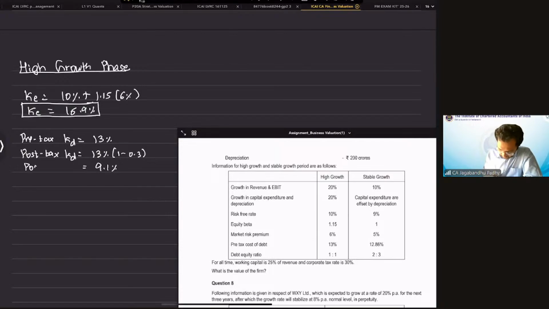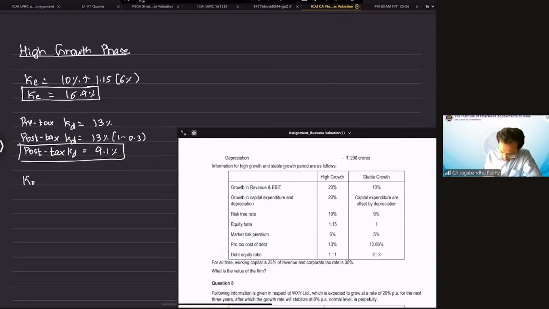So the post-tax cost of debt is 9.1%. Then what will be the overall cost of capital, KO? For that we have weight of equity into KE plus weight of debt into KD. What is the weight of debt and equity? Well, the debt equity ratio is 1:1.